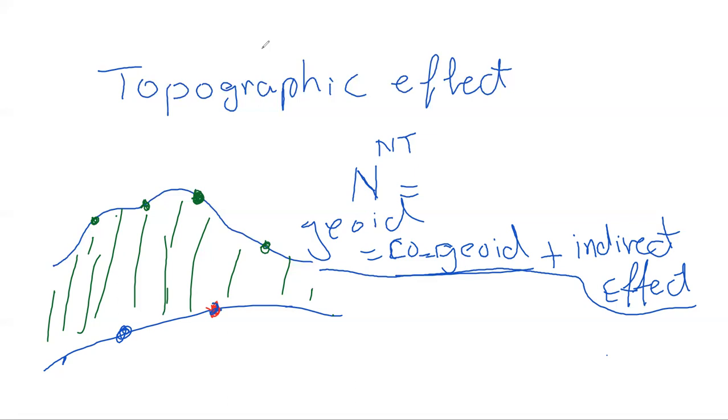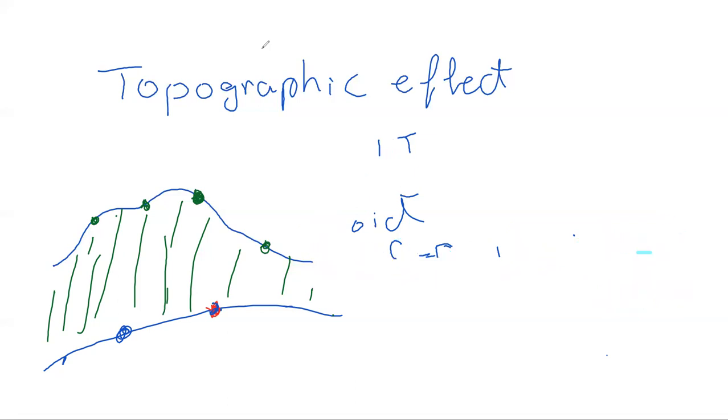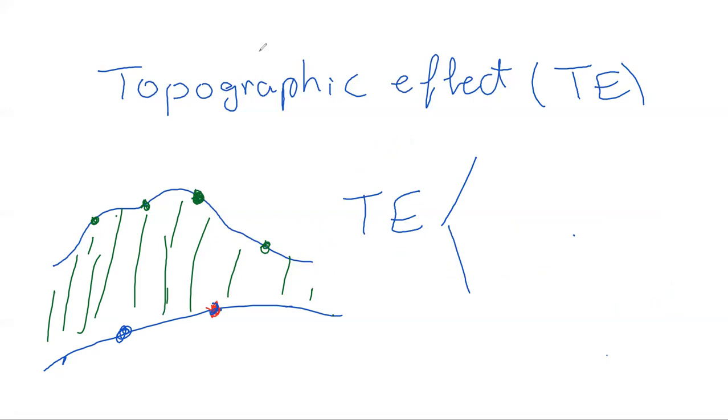Then I can simply say that topographic effect, based on this definition, I simply write TE for topographic effect, so I do not have to repeat it. TE has a direct effect and indirect effect.